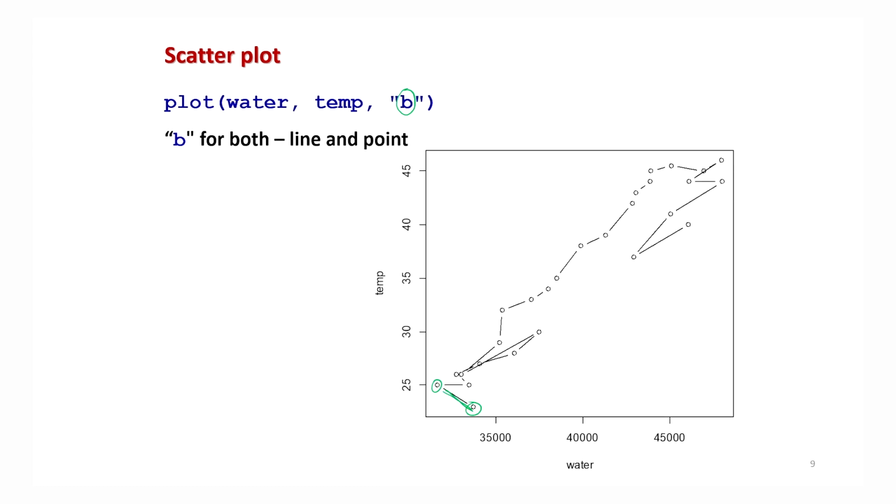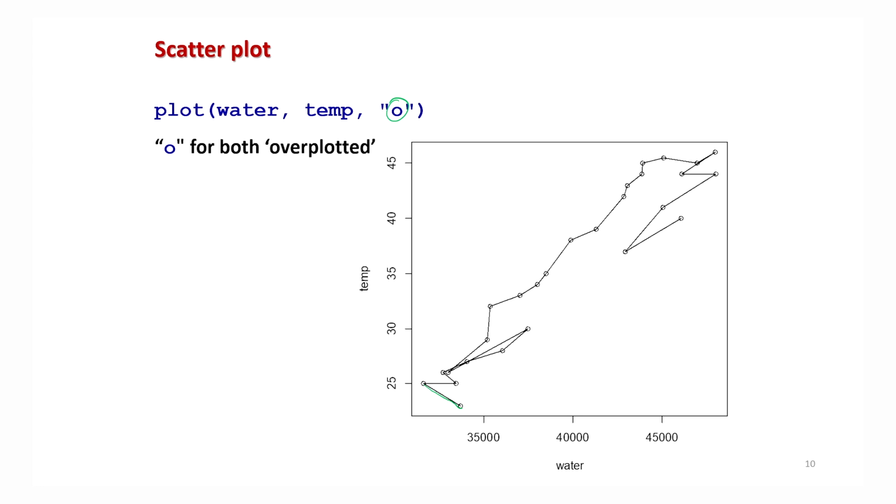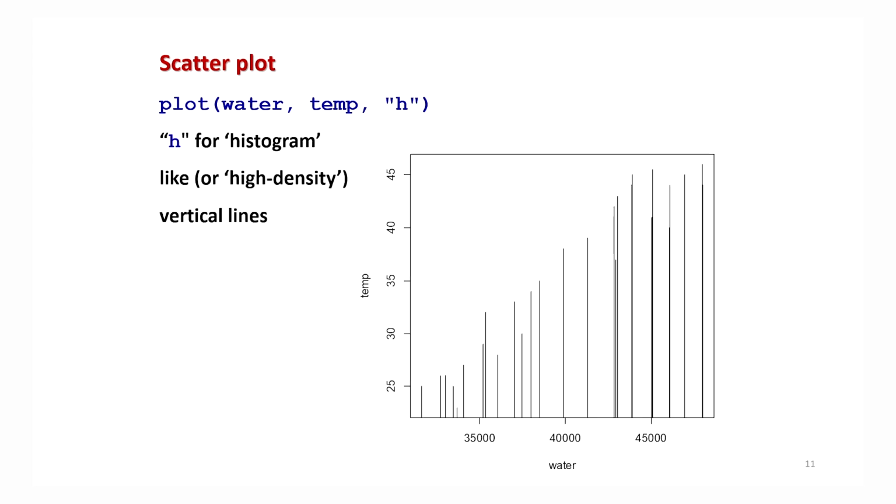For example, in the earlier plot there is no overwriting. That means this line is ending here and these points are separated. But in this case, when the type is o, then this line is overplotting the points.